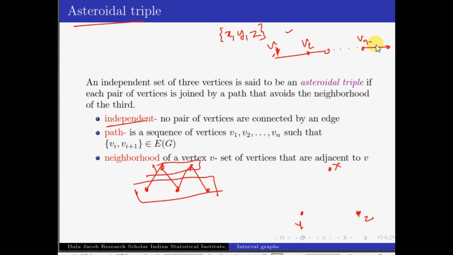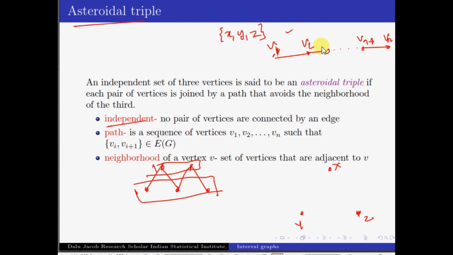It is somewhat similar to the concept of cycle that we have seen in the previous slide. In the cycle, vn will coincide with v1, but in case of a path, v1 and vn should be distinct. So that is the difference. It will be just a sequence, and these are the only vertices and edges in this path.